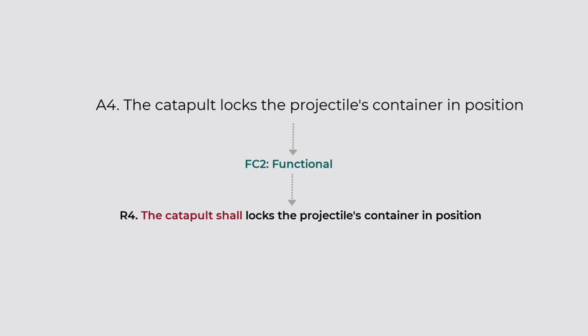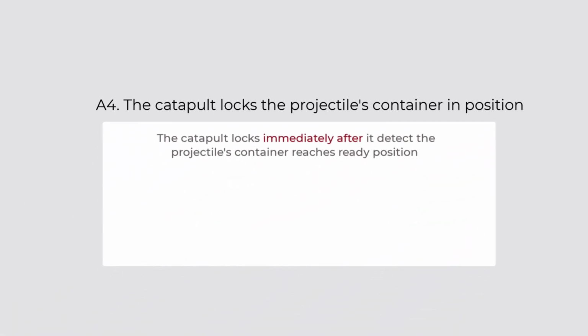Now, let's examine this activity more closely. Indeed, there is a relationship with the previous activity. We want the catapult to lock the container immediately after it detects that the projectile's container has reached the ready position. This creates a relationship between A3 and A4, where A3 triggers A4. In other words, A4 occurs immediately after A3 finishes.